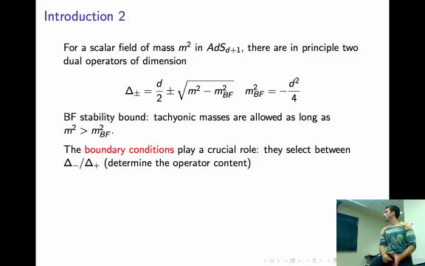That means that if you have operators that violate that bound, you have negative norm states. So from that point of view, and that's been known really early on in this AdS/CFT business, there's got to be something that goes wrong in the bulk if you do that, just because this bound exists and the two theories are supposed to be completely equivalent.